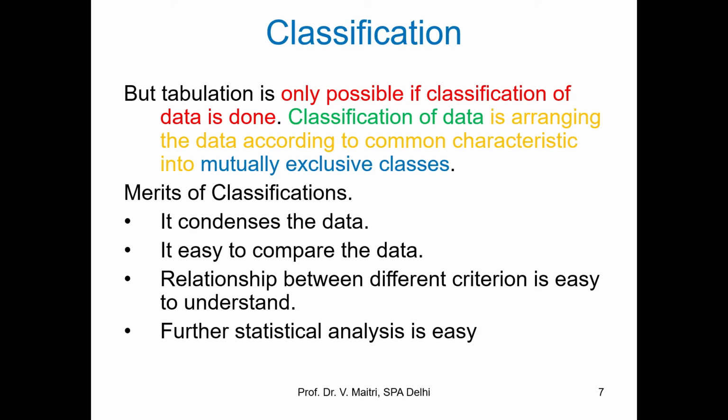Classification helps in condensing the data, makes our job very easy to compare the data, and the relationship between different criteria is very easy to understand after doing the classification. And from the classification we can go for further, advanced statistical analysis. So that makes our job very simple.